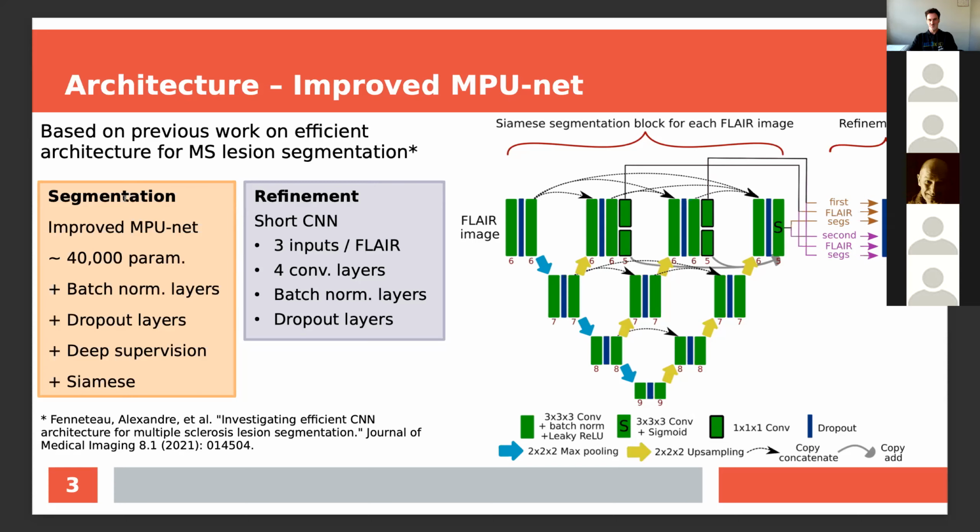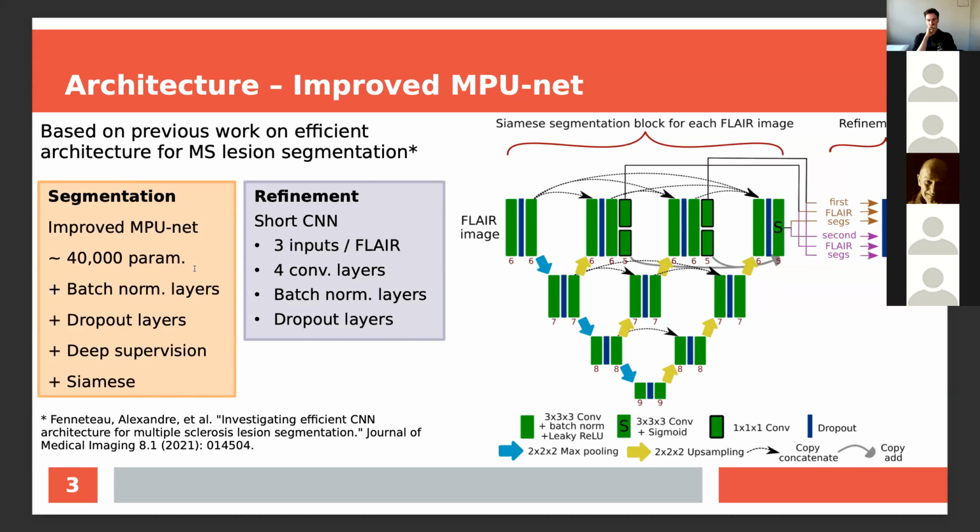The segmentation block is based on the previous work that we performed to have a very light architecture for multiple sclerosis lesion segmentation. Our improved version has about 40,000 learnable parameters, which is quite light. We added regularizers such as batch normalization layers and dropout layers.